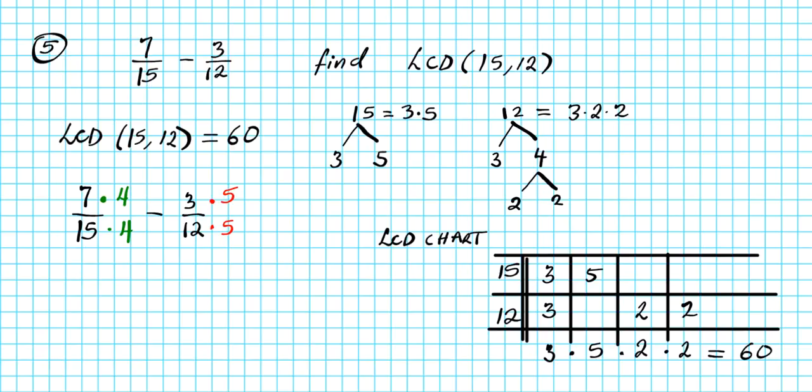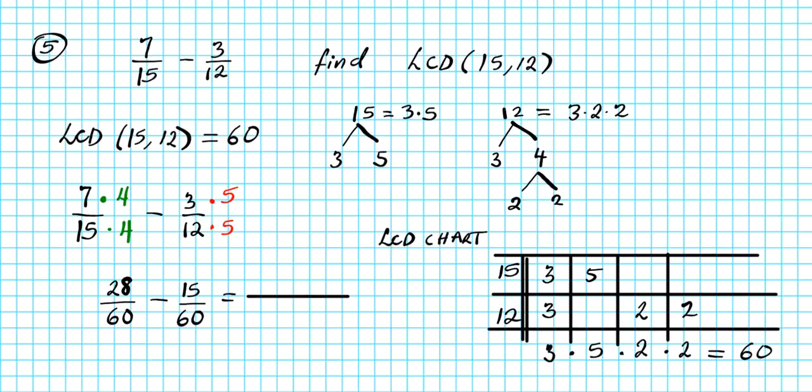Now this first fraction becomes 28 over 60, minus 3 times 5 is 15 over 60. Now we have identical denominators, which is excellent.